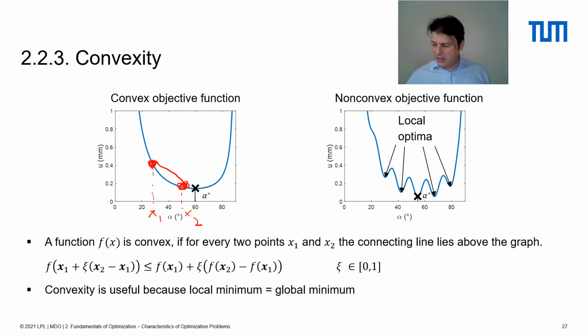So it's a nice way of knowing that you can stop looking for an even better solution because you're done. You won't get any better. Another important aspect of convexity is that you can access more efficient solvers if you know that your problem is convex, and these solvers will obtain better solutions in a shorter time.